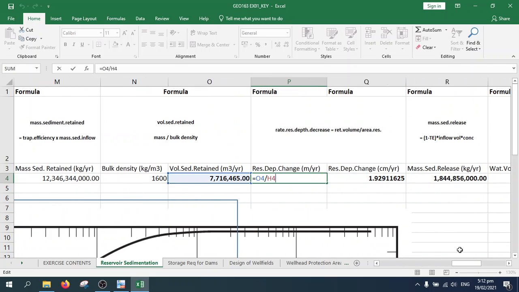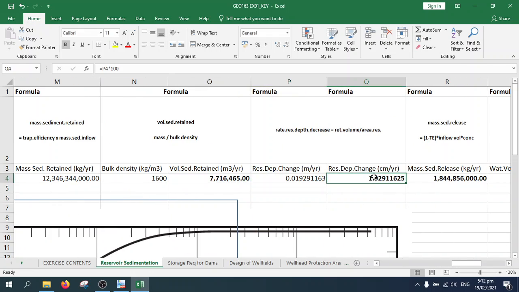And what we are getting here is 0.019 meters per year or approximately 1.9 centimeters per year. So you have a big dam here. So despite the 7.7 million cubic meters of sediment, you're only getting a change of almost 2 centimeters per year.